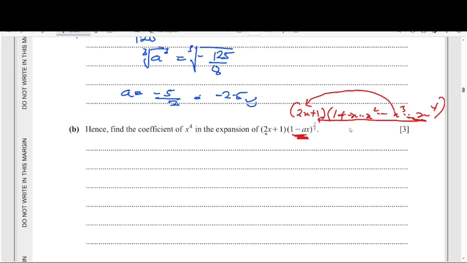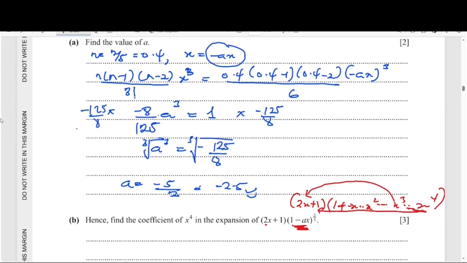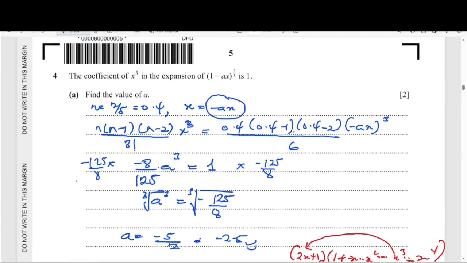So let's start by finding the coefficient of x^4 in the second expansion. We used the formula to find the coefficient of x cubed, and we're going to do a similar thing to find the coefficient of x^4.